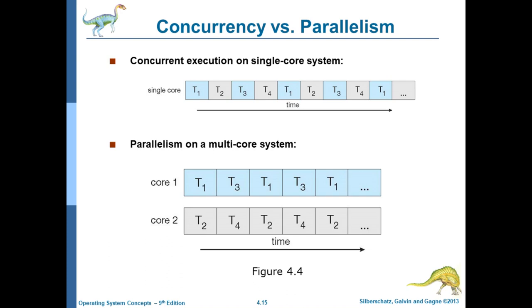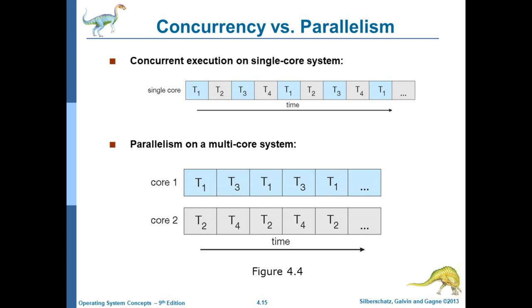The figure on the slide shows an example of concurrency and parallelism on a single core and a multicore system. On a single core system, four tasks, T1, T2, T3, and T4, are executed concurrently by switching between them on one core.